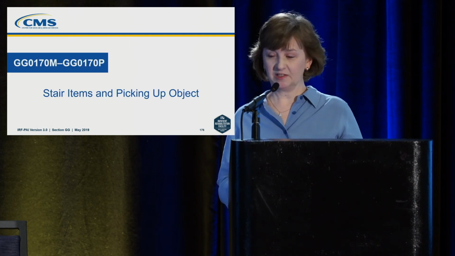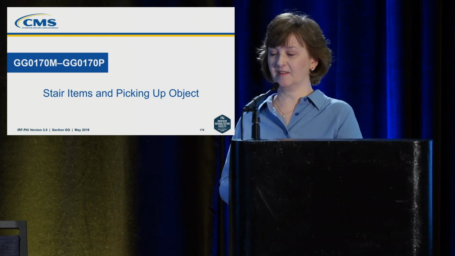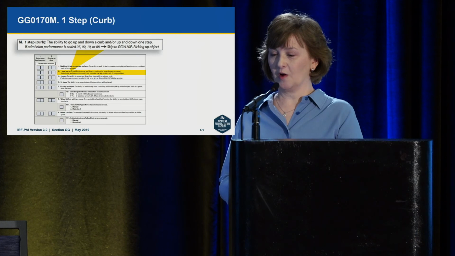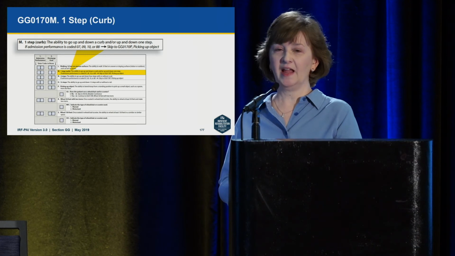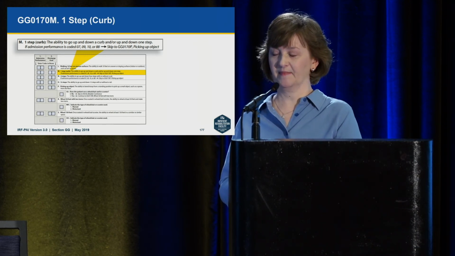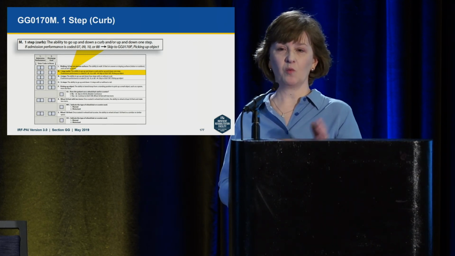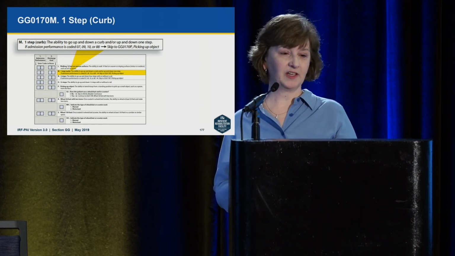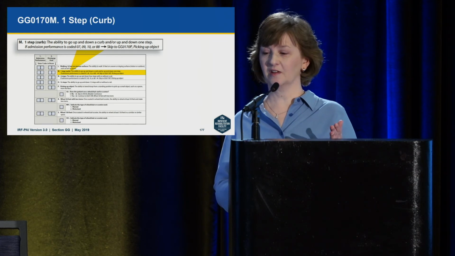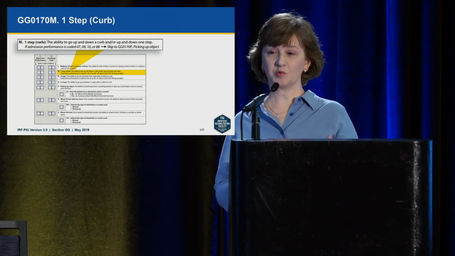Okay, so now we're going to move to the stairs and pick up object activity. The first activity is one step, and this refers to the ability to go up and down a curb and/or one step. Similar to the walk item, we have a series of activities related to going up and down stairs: 1 step, 4 steps, 12 steps.